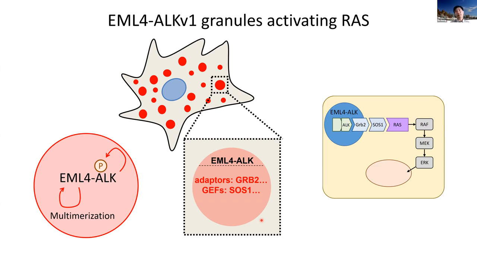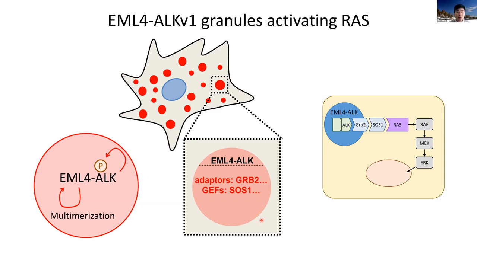So this project by itself has a lot of other aspects in terms of how those fusion mutations phase separate into granules, and what it means for cancer signaling and potential treatment targets for this type of cancer.